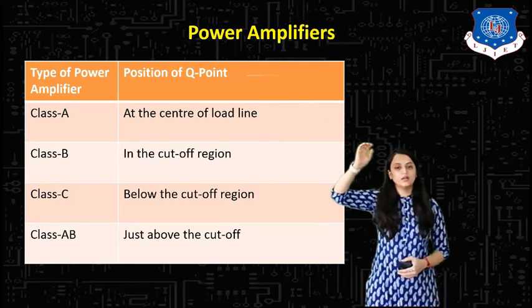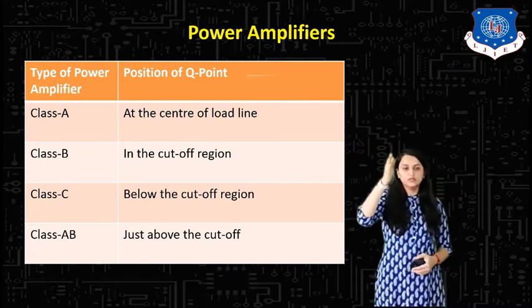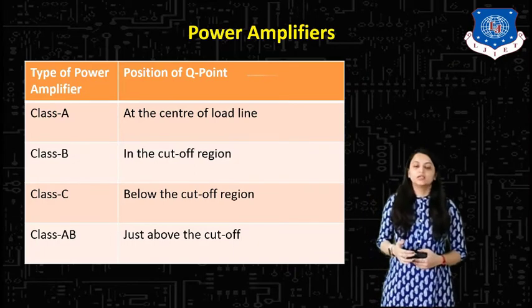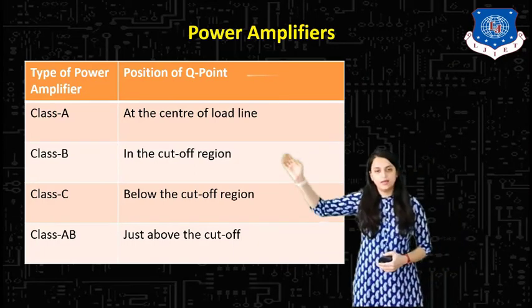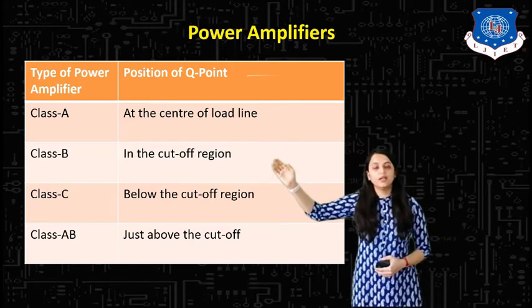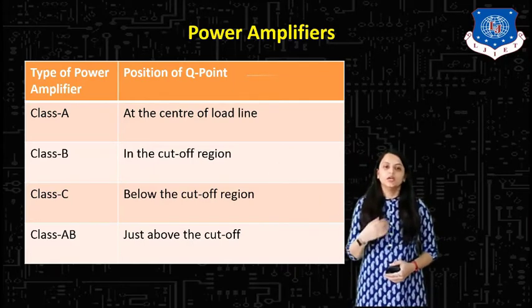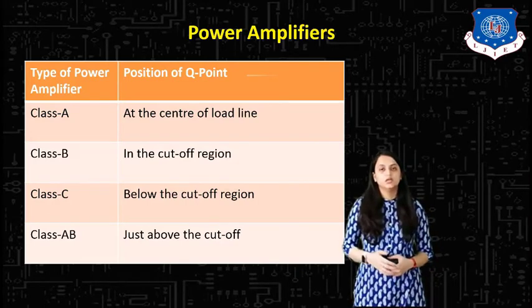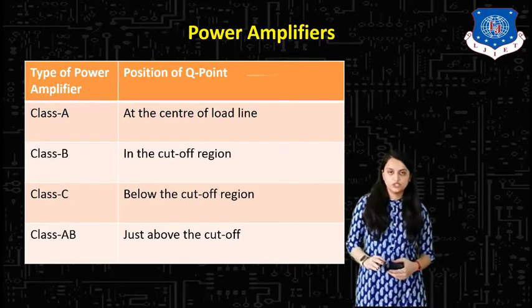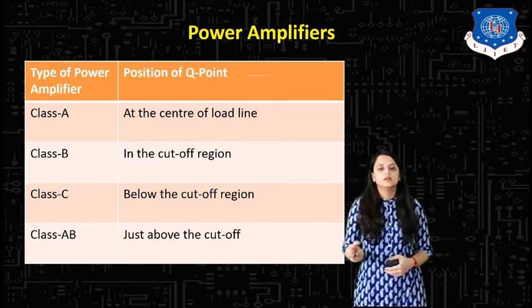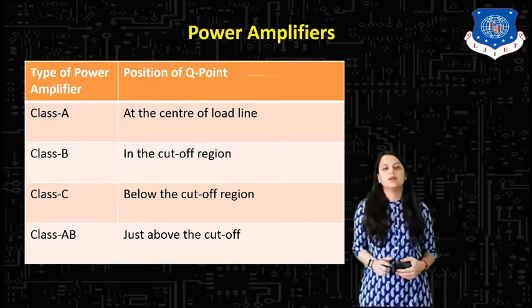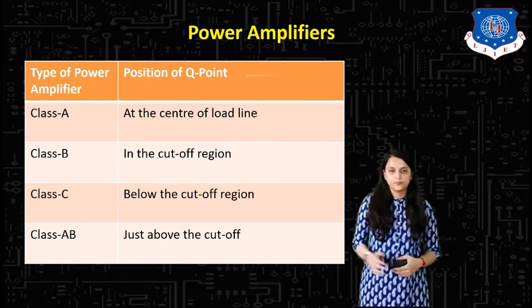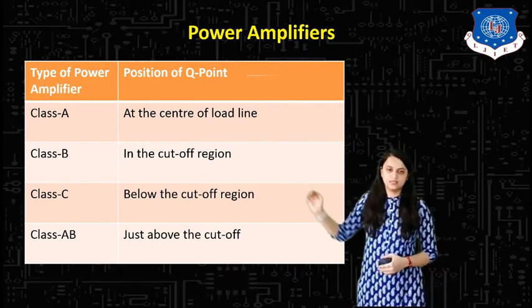That means in the load line, Q point is adjusted at the center, which will give the class A operation. Class B amplifier has the position of Q point in the cutoff region. You already know that there are 3 regions of operation: cutoff region, saturation region, and at the center, the main stage of operation. So in the cutoff region, class B is there.